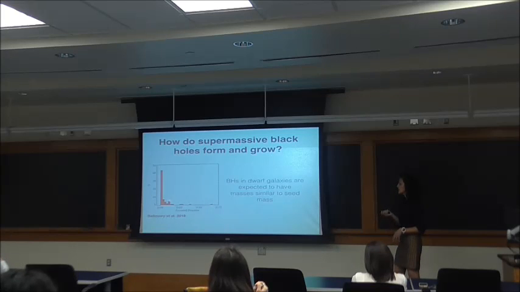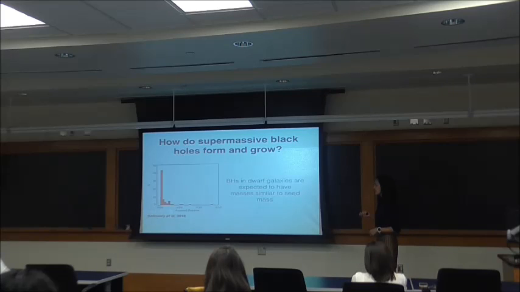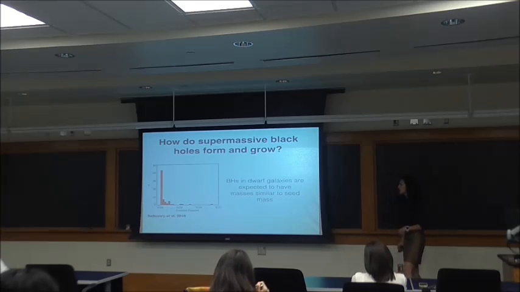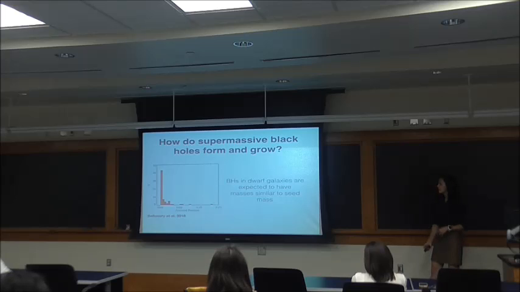And what this is showing is that for the vast majority of black holes in their simulation, they grow by very little after they form. So they form and they maybe grow by 5% or so, but that's it. You might get a handful that grow by 15 or 20%.